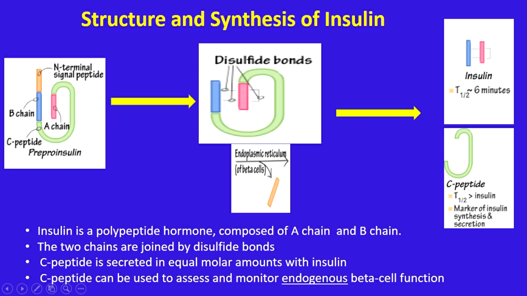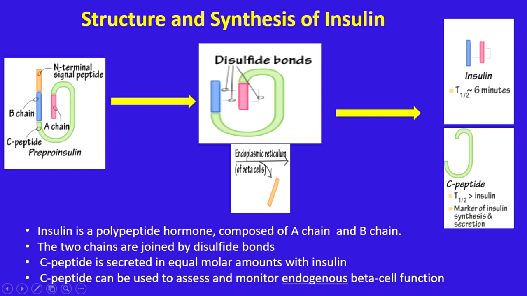They start with preproinsulin, and in the endoplasmic reticulum, they produce proinsulin. Once released from the endoplasmic reticulum, they mature. Proinsulin actually has 4 different sections.